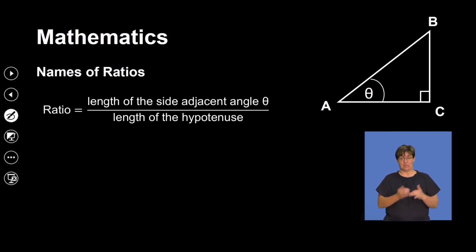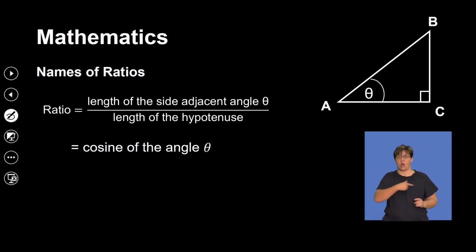Now, the other ratio is the length of the side adjacent to angle theta. Remember, adjacent is directly next to it, over the length of the hypotenuse. And this will then give me the cosine of the angle theta.